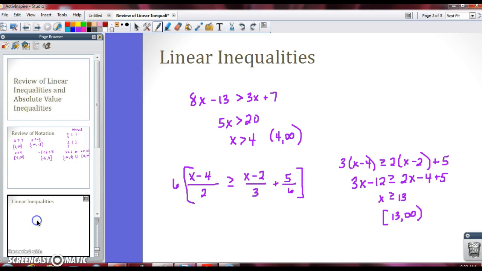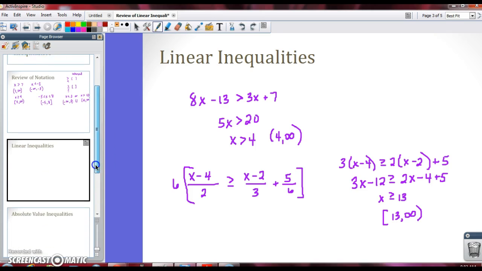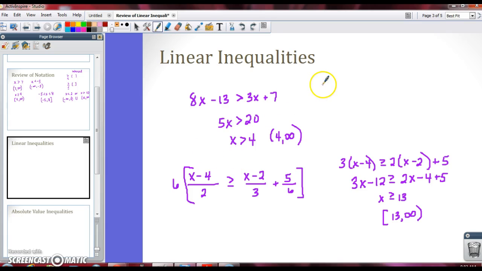Couple other examples of linear inequalities would be if we had a compound inequality. Actually, one more example. If I have 1 is less than or equal to 2x plus 3 is less than 11. With a compound inequality, you can solve it all at the same time. Just whatever you do to one part of the inequality, you have to do to all parts.